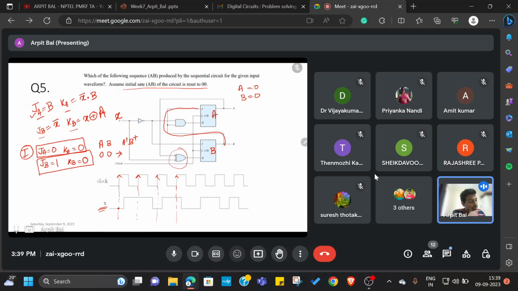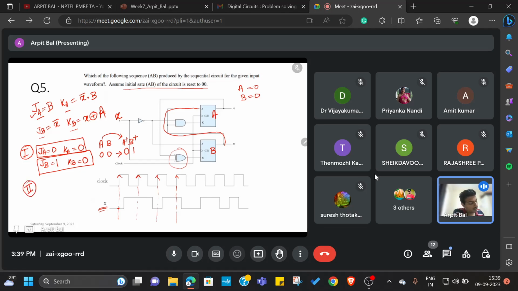A is going to remain the same because JK equals 0, 0 for this case. But what is going to happen with JB and KB? Because JK is equal to 1, 0 in this case, B is going to be 1 irrespective of the previous state, right? So it is going to be 0, 1.